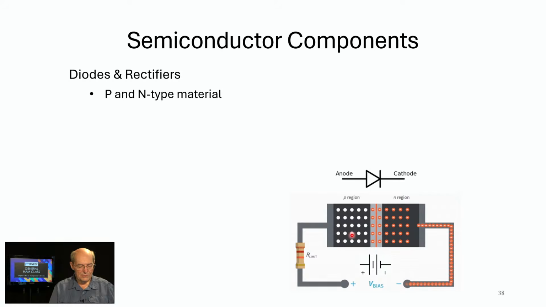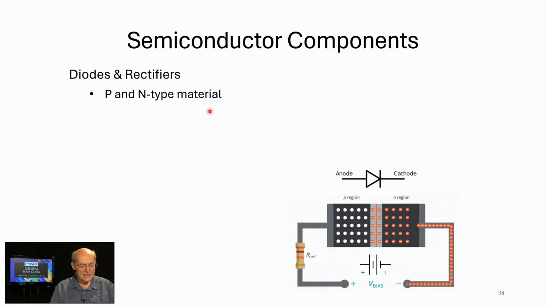Over here, the way that we dope the other side, we use a chemical that causes an absence of electrons, also known as holes. So we've got holes, we've got electrons, and the electrons would very much like to fill those holes. And you can see that we've got something coming our way called current flow through this material.